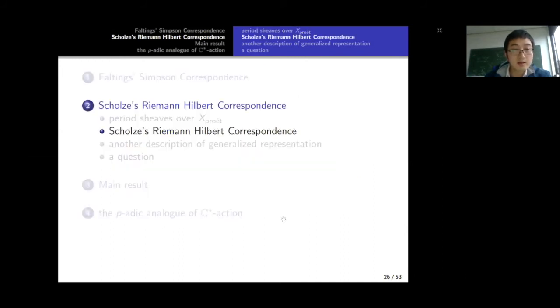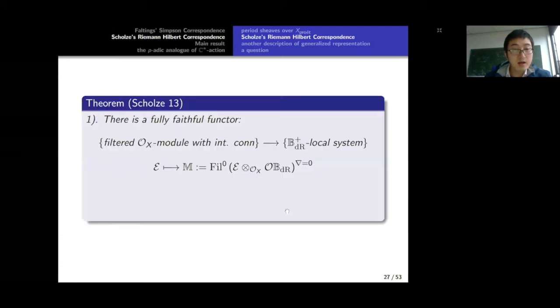Okay. Now we can introduce Scholze's theorem, which says there exists a fully faithful functor from the category of filtered O_X modules with integral connection to B_dR plus local systems, which sends this E to the local system defined in this way.